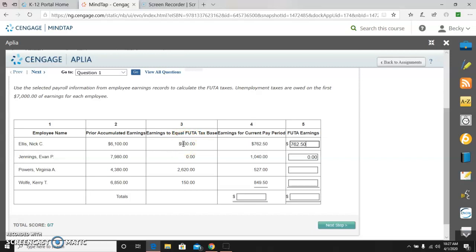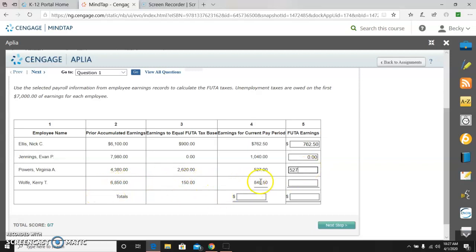So every single dollar they made this period is taxable. And then for Virginia, it's the same case, that they still have $2,600 that's taxable. So since they only made $527, all of it is getting taxed for unemployment.